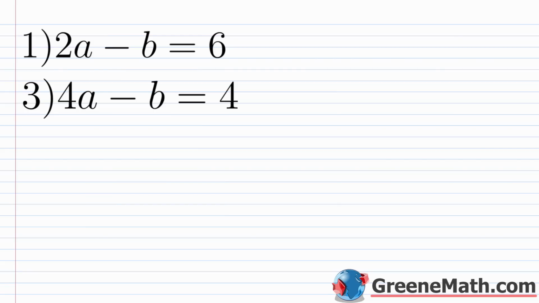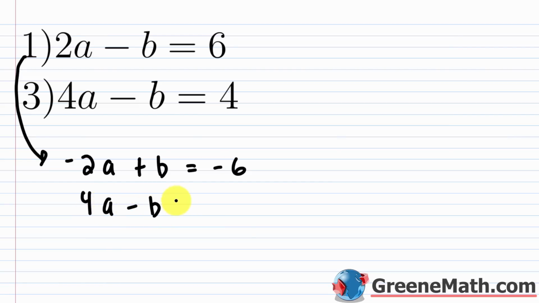Keep in mind that we already know that c equals negative 25, so we don't have to worry about that anymore. What I would do is just multiply, let's say equation number 1 by negative 1. So that would be negative 2a plus b is equal to negative 6. So just change the sign of everything. And then let's write equation number 3 below. So 4a minus b is equal to 4. And let's add these guys.